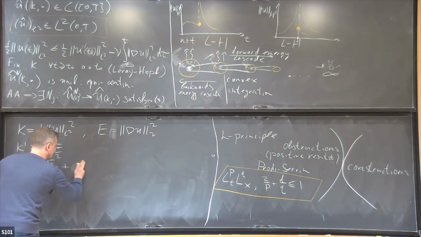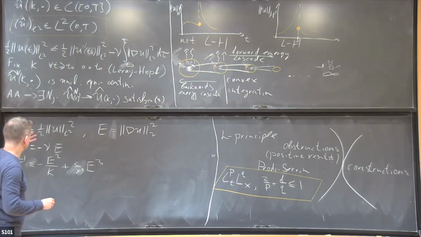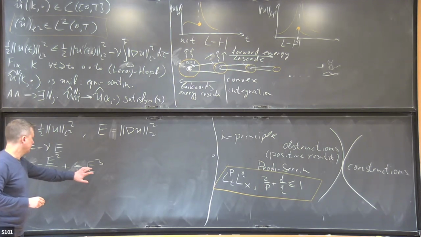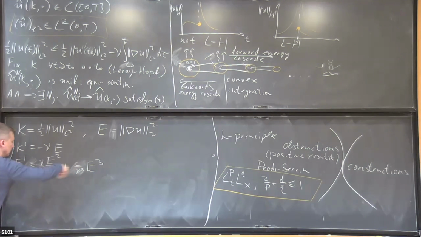Plus C over nu cubed to the power 3. So what I did here, I applied Holder and Sobolev for Navier-Stokes, I used Young, I used 1/2 of the linear term to kill a part of the non-linear term, and then some interpolation for the linear term.